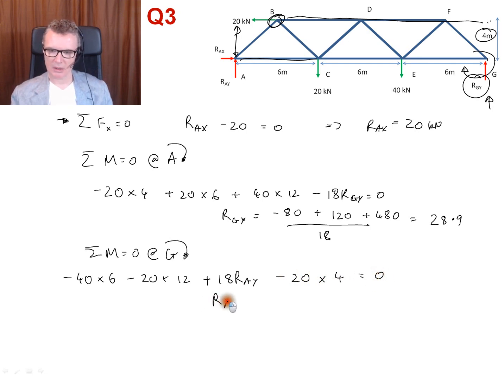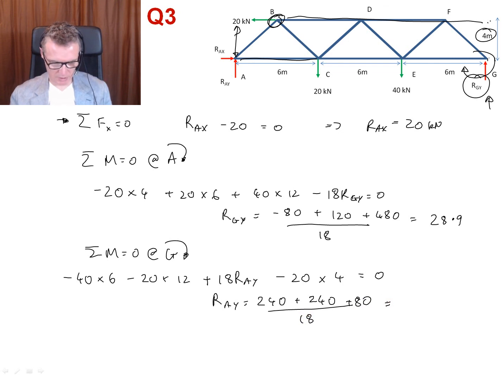So that gives me RAY equals, how many of these can I do in my head? These are all going to give me positive values when I take them over to the right hand side. So I've got 12, 24, plus another number, same as the same, plus 40, 80, all divided by 18.